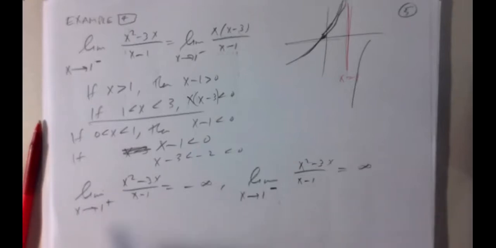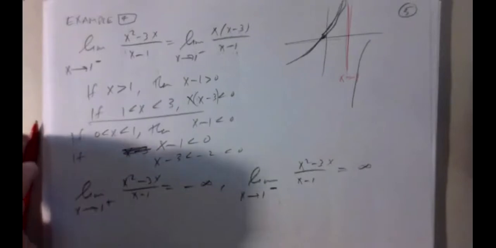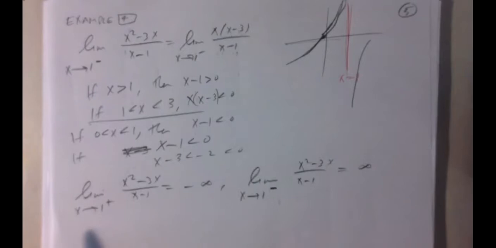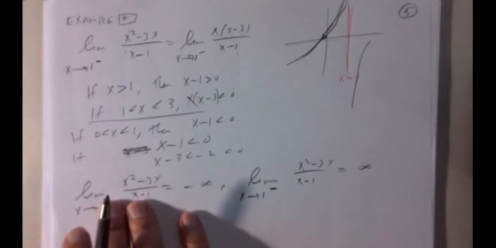Let me do a few more examples and then I'll do some homework problems. Maybe just for completeness, I'll mention some rules about limits at infinity, which are useful to know.